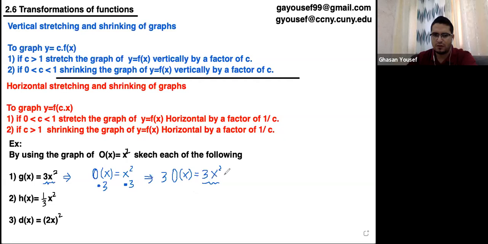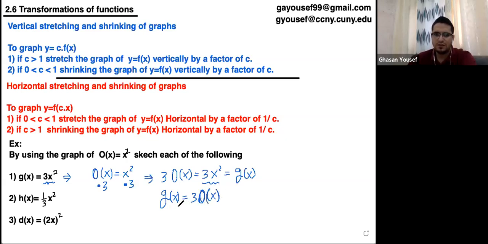So I can write here that this one is equal to the g of x, so 3 O of x equals g of x. Now I can rewrite this as g of x equals 3 times O of x. This is the function O of x.